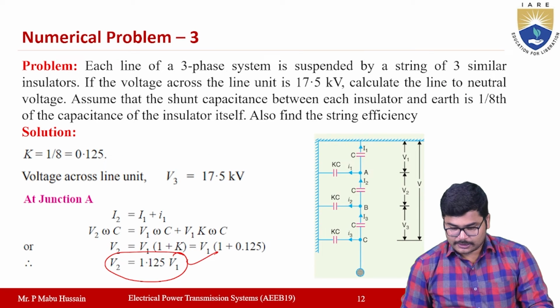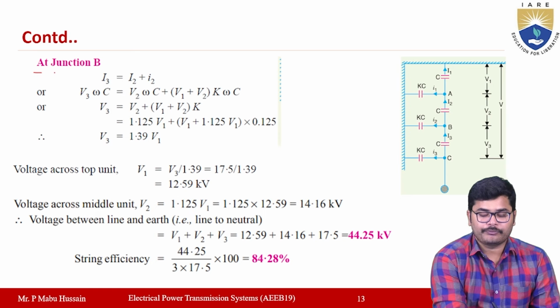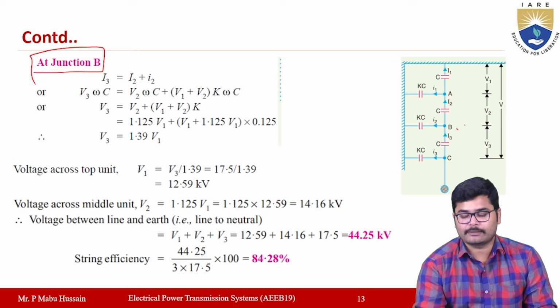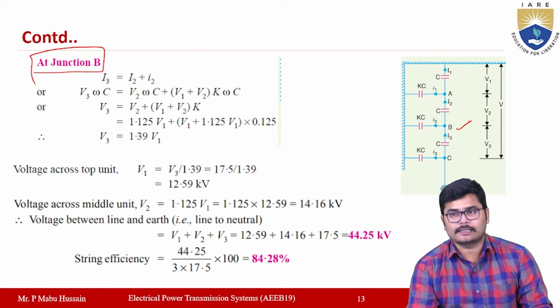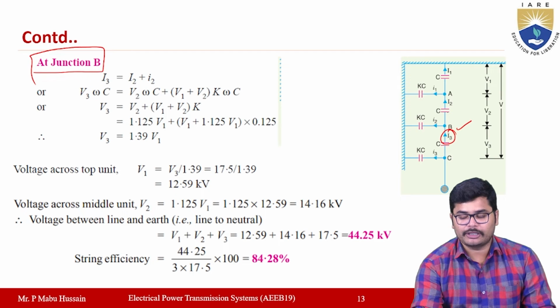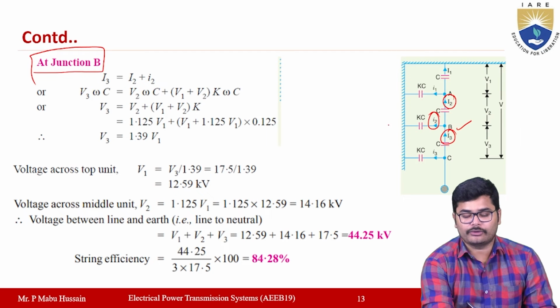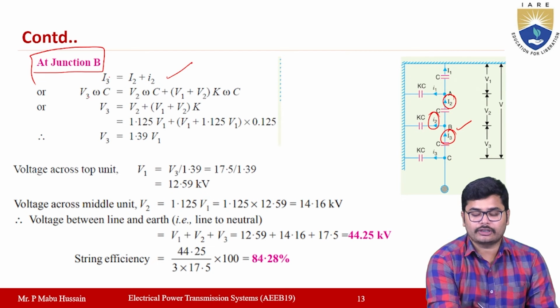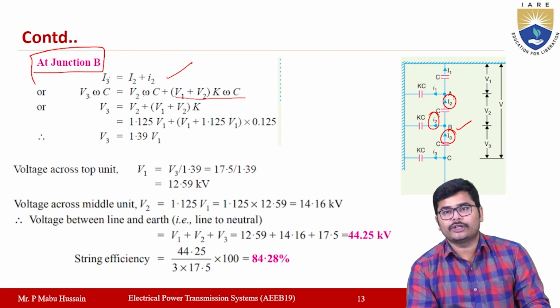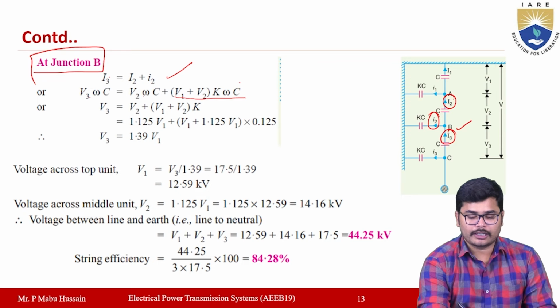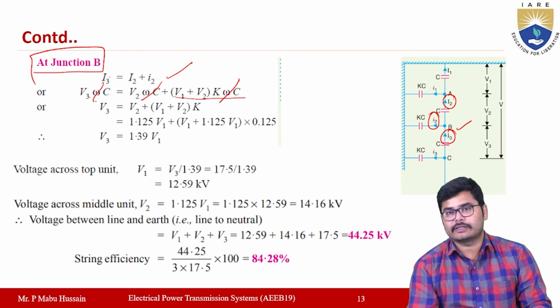Next, apply KCL at junction B. Capital I3 will be equal to capital I2 plus small i2. I3 is V3 omega C, capital I2 is V2 omega C, and small i2 is (V1 plus V2) into K into omega C. Again omega C cancels.